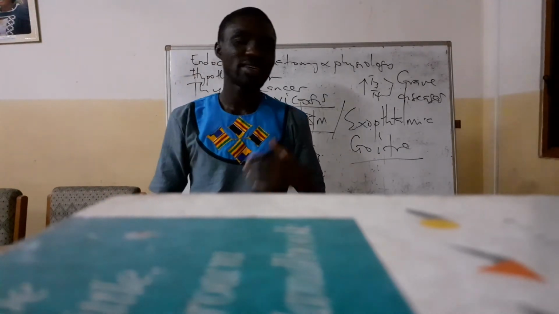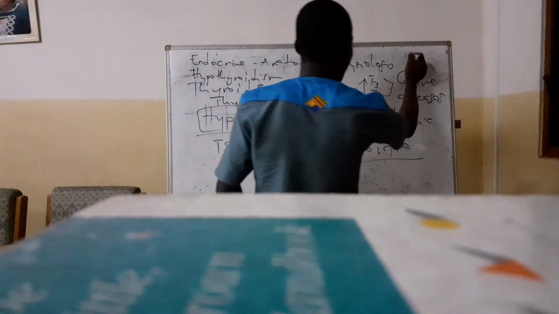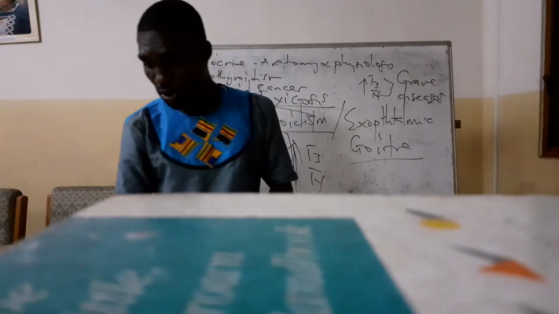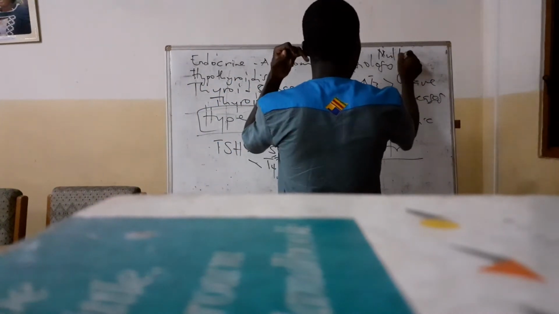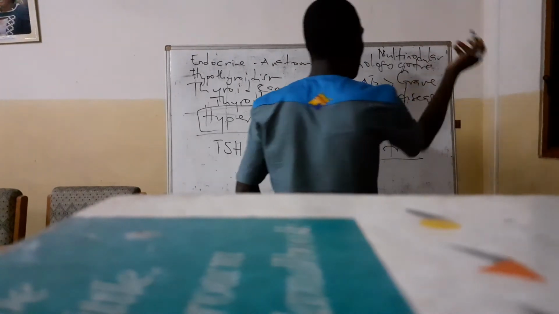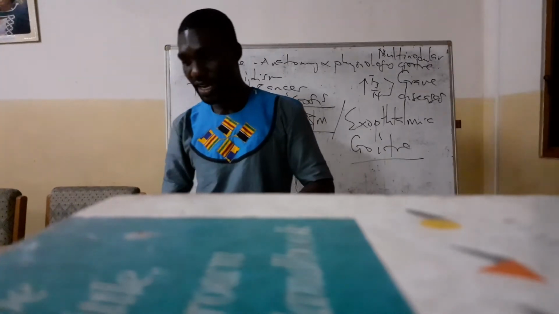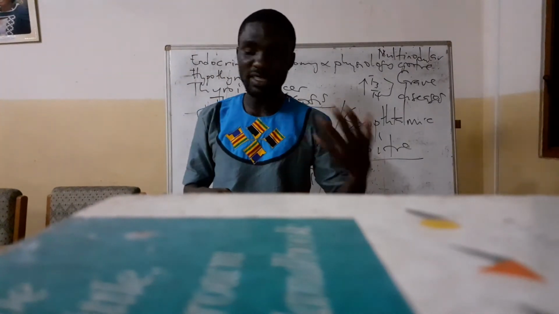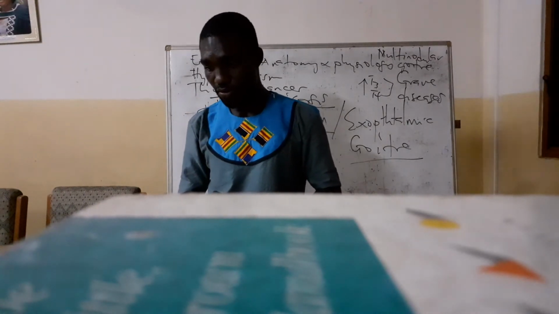And then conditions like benign growth of the thyroid gland. So we can have multinodular goiter, where there is a benign growth of the thyroid gland. And then adenoma of the thyroid gland is also a benign growth.